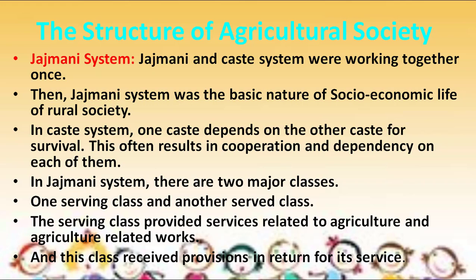This often results in cooperation and dependency on each other. In the Jajmani system, there are two major classes: the serving class and the served class. The serving class provided services related to agriculture and agriculture-related works, and this class received provisions in return for its service. So that is the concept of the Jajmani system.